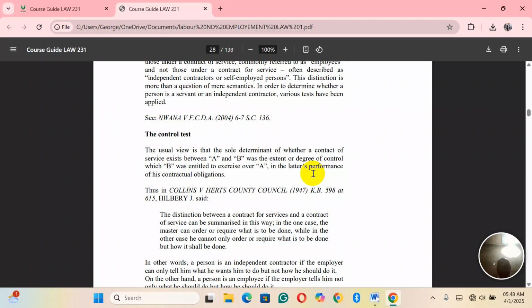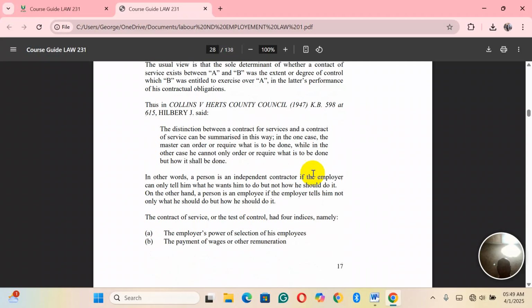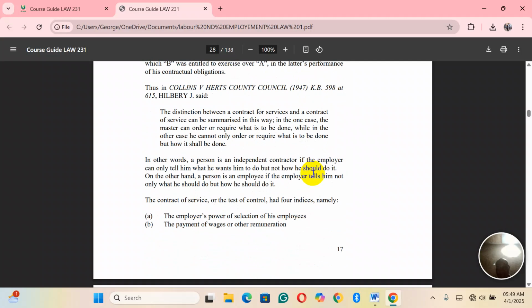can be summed up in this way: in one case, the master can order or require what is to be done, while in the other case, they can not only order or require what is to be done, but how it shall be done.